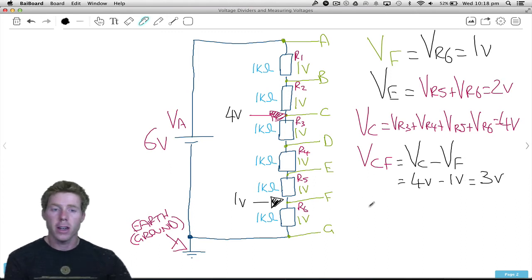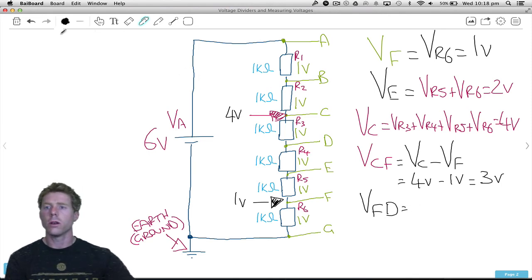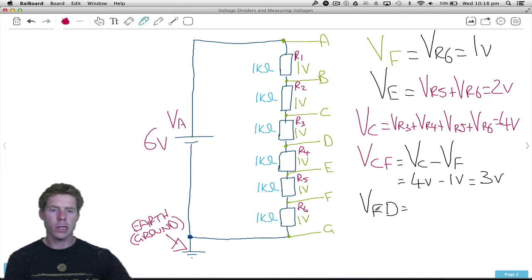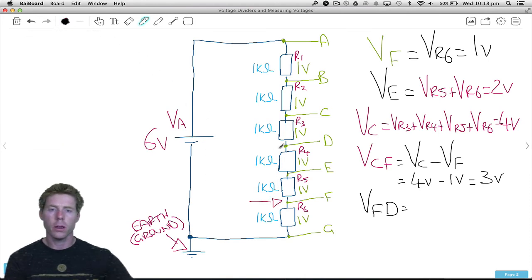What if I was to then ask, well, what is VFD? What does that equal? Now this one's kind of backwards compared to all the other ones we've been doing, but I'm essentially asking, so there's my first letter, F. I want to know what is the voltage here with reference to the voltage up, what did I say? D, here.